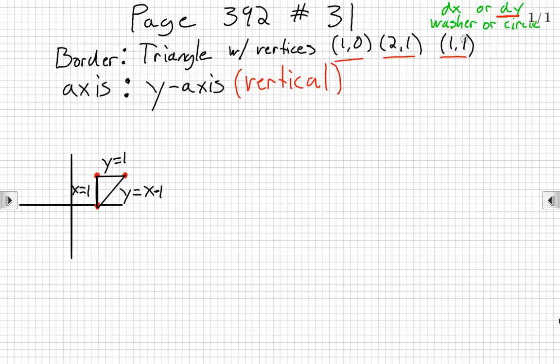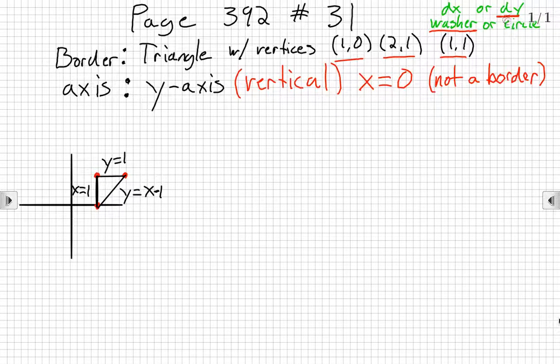We also know that this is a dy washer problem. What makes it a washer problem is the y-axis, also known as x equals 0, is not a border. These 3 equations represent our border. None of them are x equals 0, so our geometric slices are going to be washers.